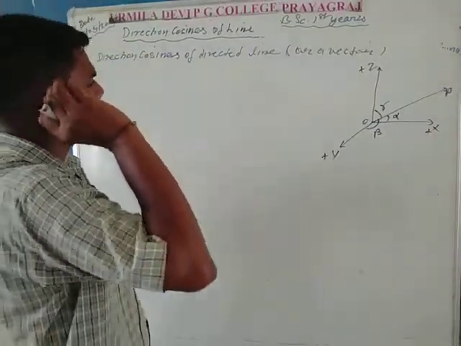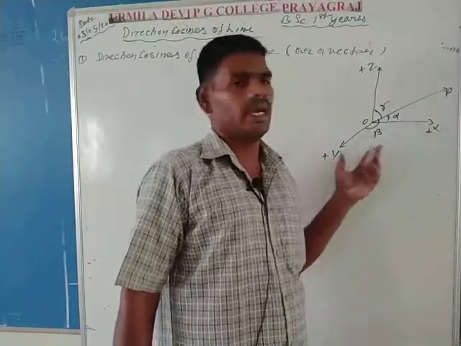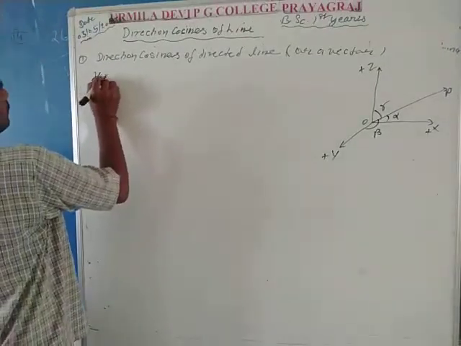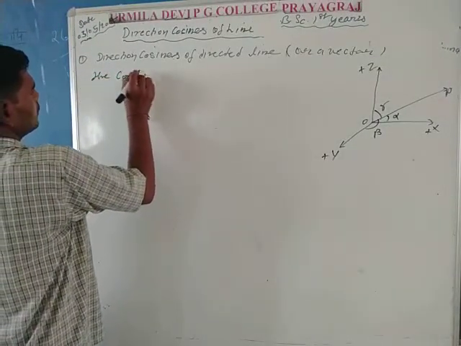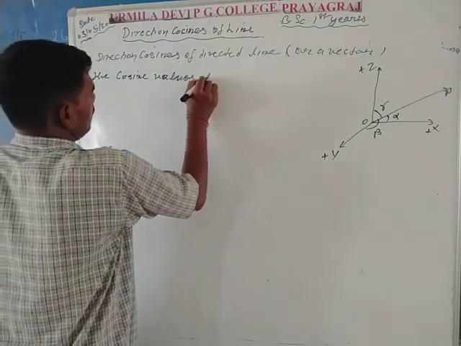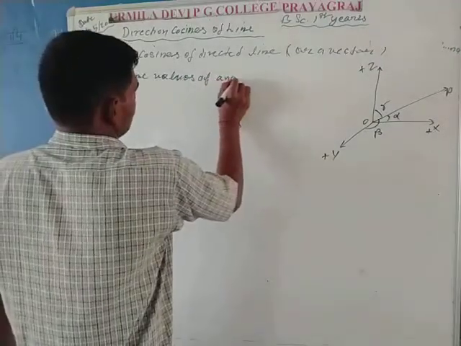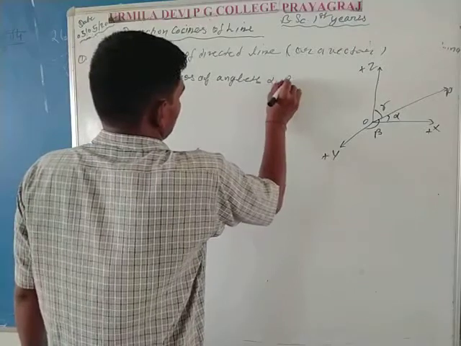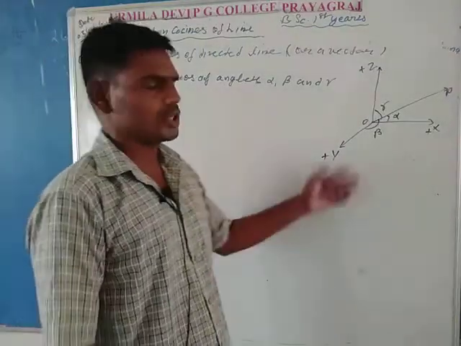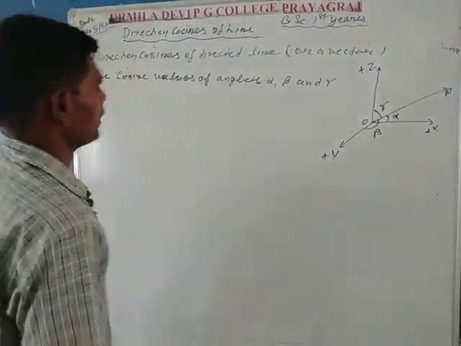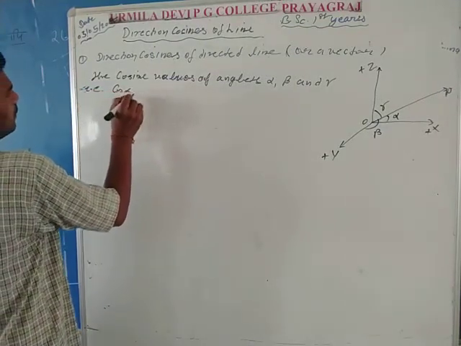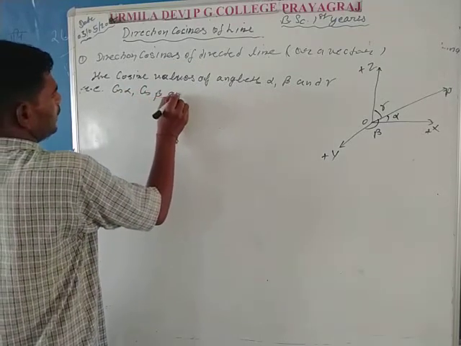Then the cosine values of the angles alpha, beta, and gamma, which are the angles from the positive directions of the axes, that is cos alpha, cos beta, and cos gamma.